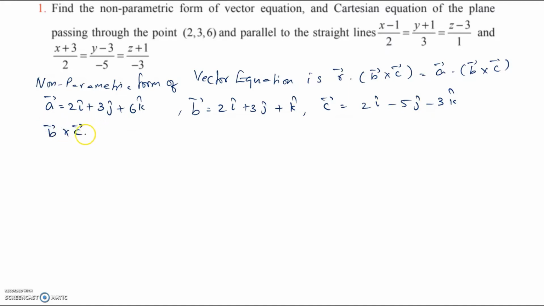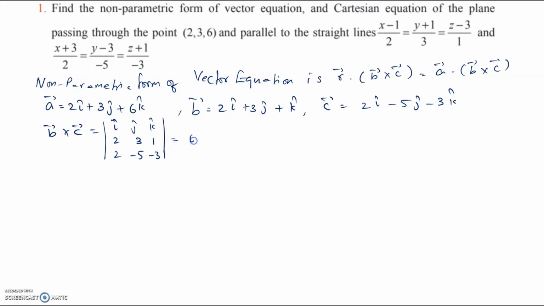To find b cross c, it is equal to the determinant of i, j, k; vector b is 2, 3 and 1, and vector c is 2, minus 5 and minus 3.